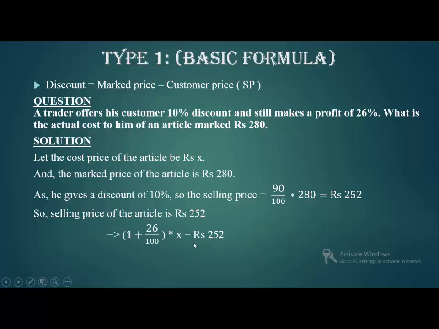Equating these two, we can solve the value for X. As we see, X comes out to be rupees 200. This X is the cost price of the article. Now as we can see, the cost price of the article is rupees 200 and the marked price is rupees 280. Thus usually marked price is always greater than the cost price.